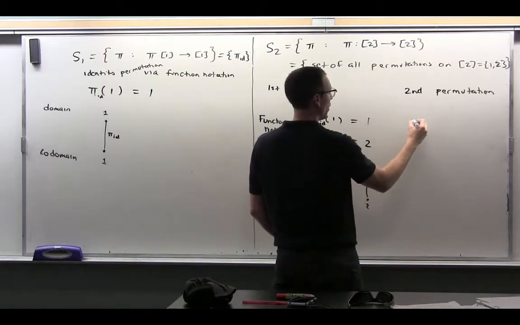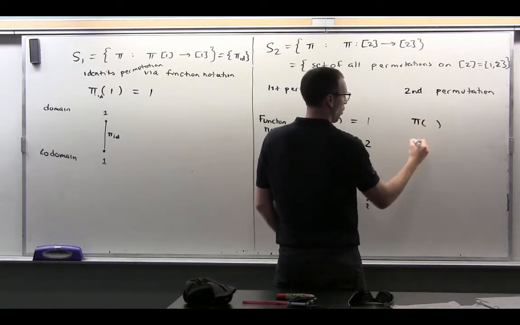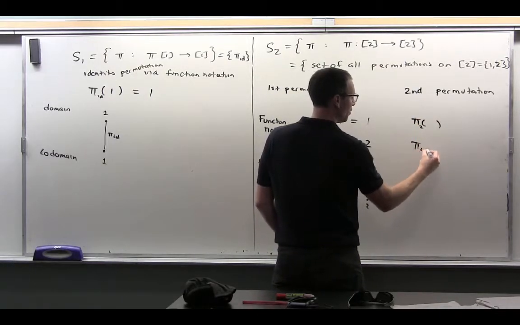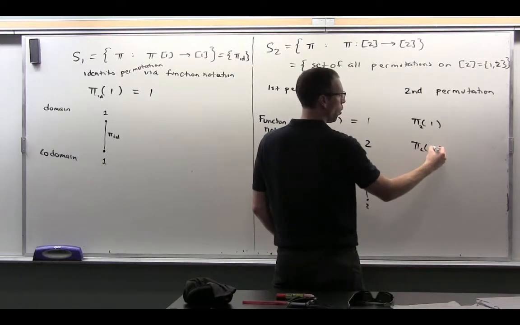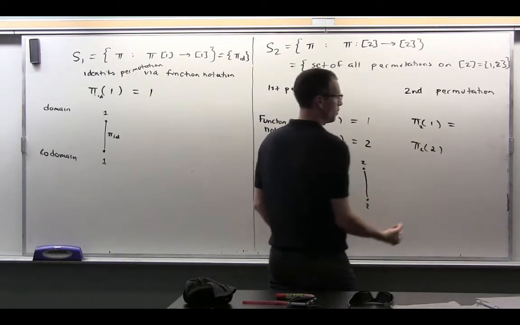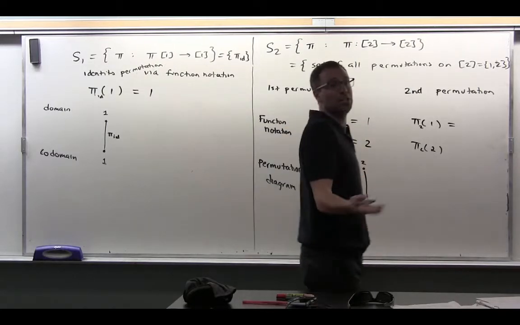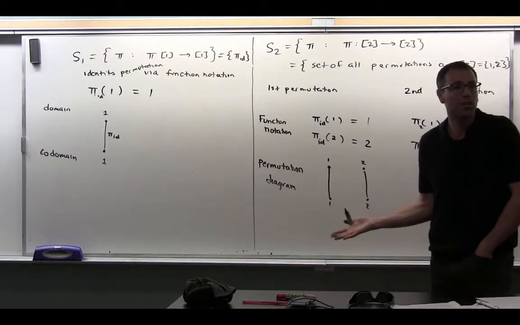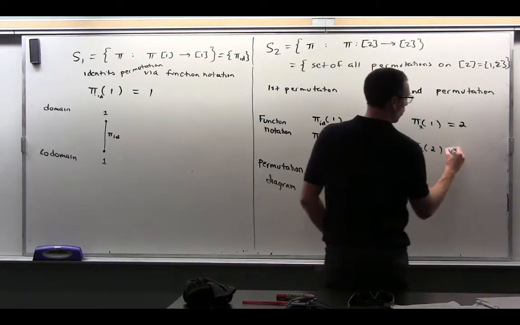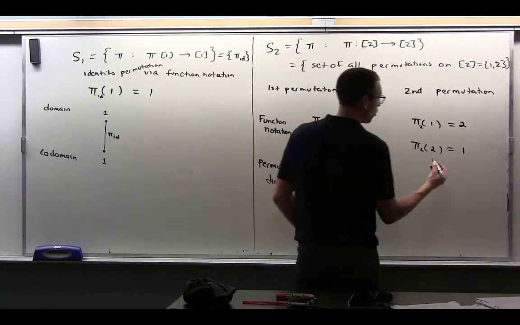Well, let's try one more. What are the 2 inputs that I have? Either 1 or 2. Well, my first one, I said 1 went to 1, 2 went to 2. I want a different permutation. What's my only other choice? 1 goes to 2 and 2 goes to 1.